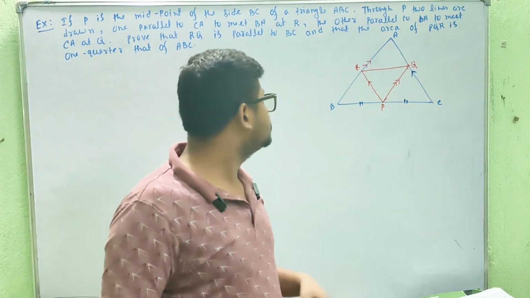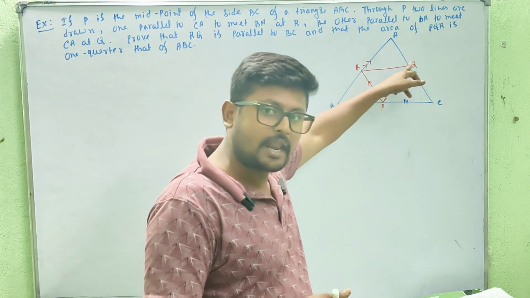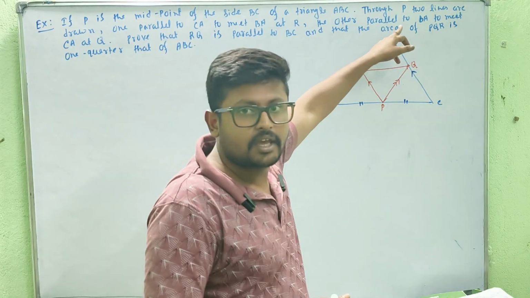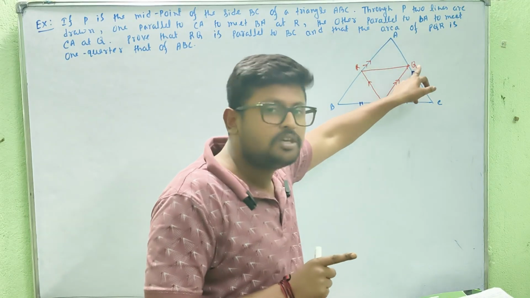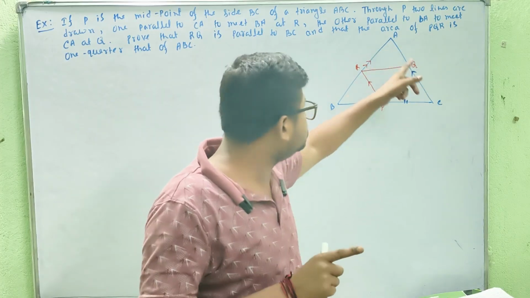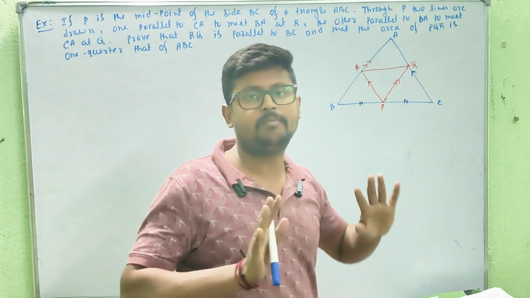And similarly, since PQ is parallel to the side BA, by the converse of the midpoint theorem, the side PQ will bisect the third side AC. Any problem?